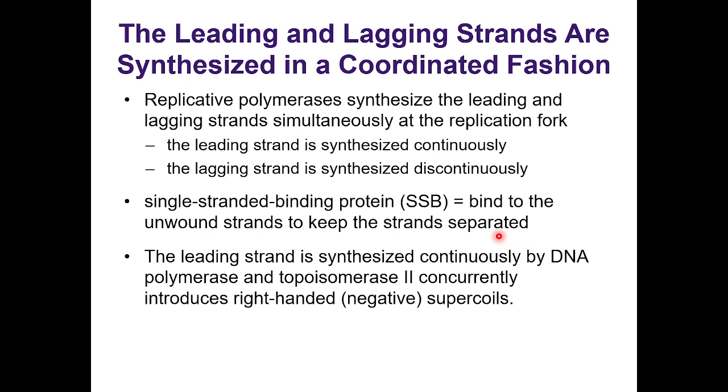So the single-stranded binding protein, SSB, can bind to the unwound strands to keep these strands separated. What would happen if you didn't have this? Which is energetically favorable? Unwound DNA or wound DNA? Single-stranded or double-stranded?